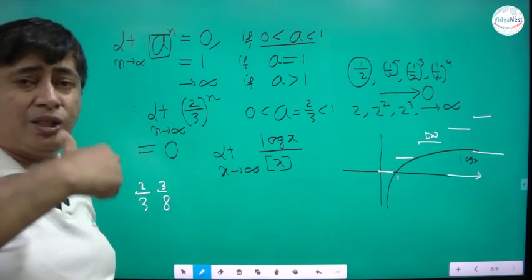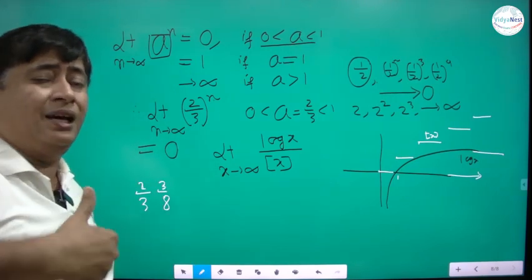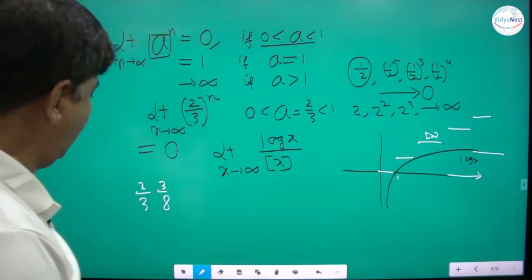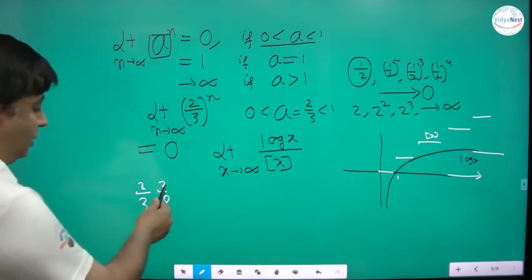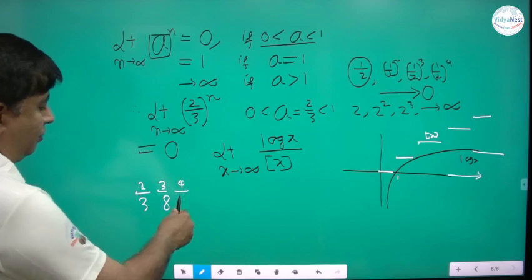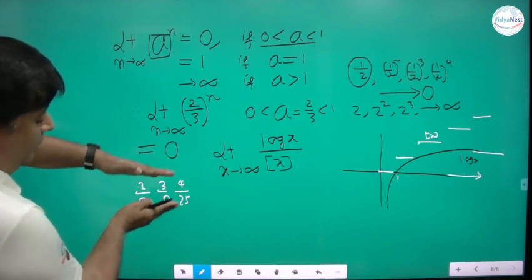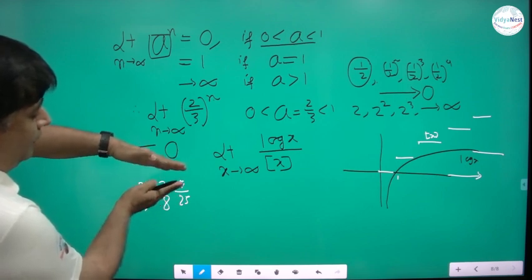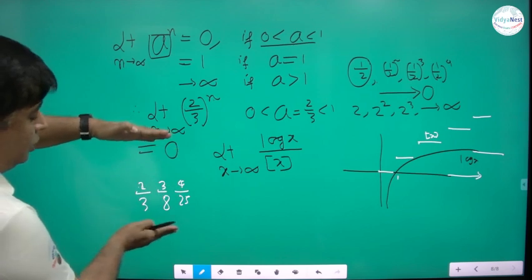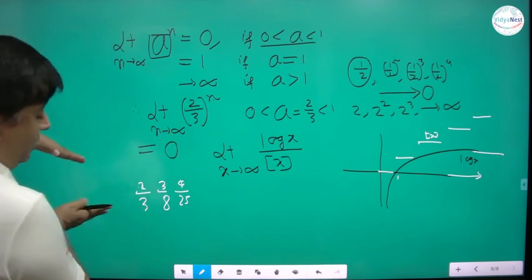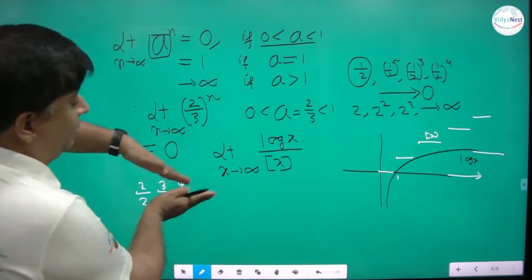Gradually the sequence will go to lesser or bigger? Lesser. See, 2/3, 3/8, 4/25. You observe the difference between numerator and denominator is being increased. So, as a result, the numbers are being decreased.